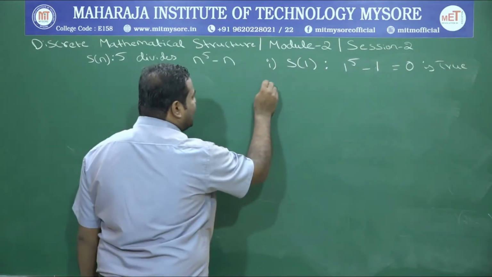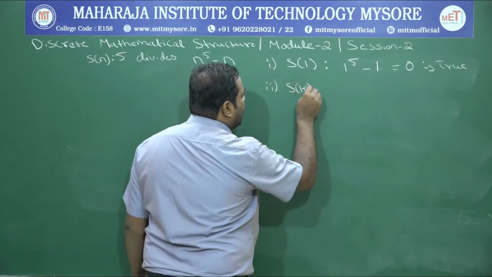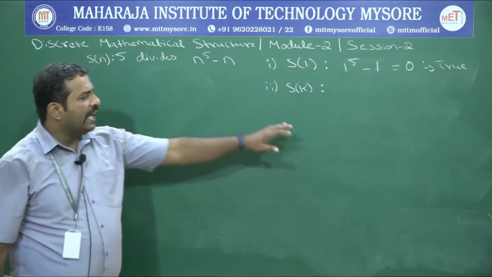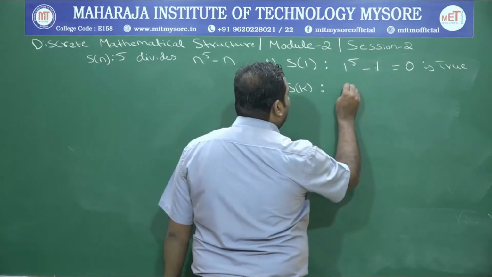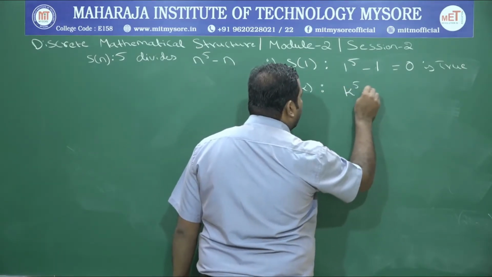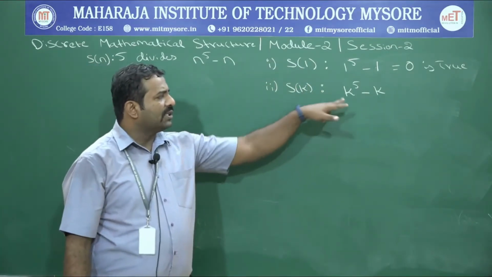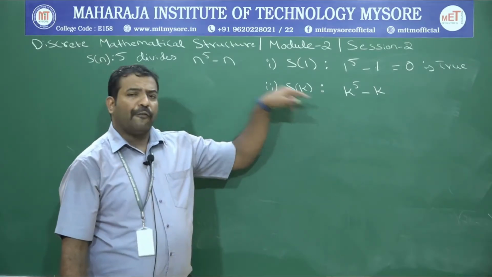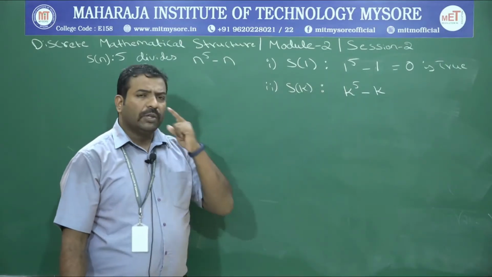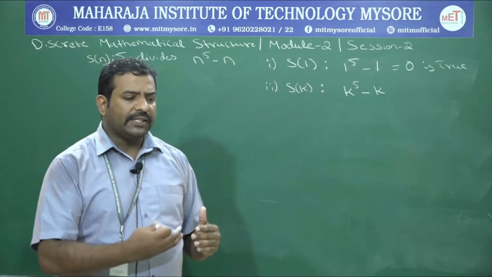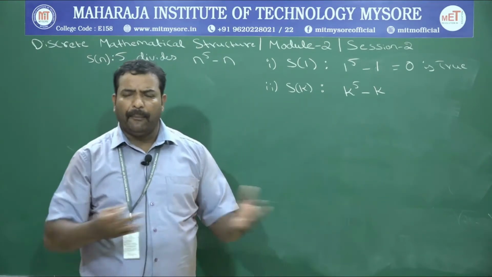So now the second step, where I need to assume the statement S of k. Now S of k is going to be k to the power of phi minus k. Instead of saying phi divides k to the power of phi minus k, I'm going to put it in a different way. If phi divides a particular number, the number is a multiple of phi; both are one and the same.